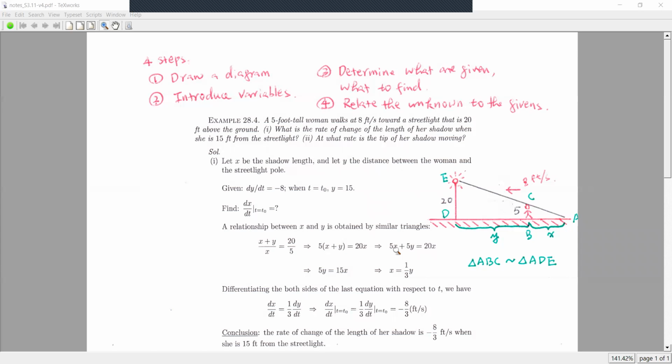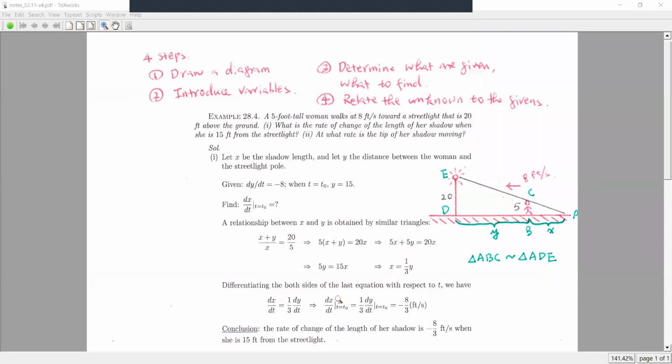Cancel 5x from both sides. I have this equation. Move 15 to the left side. Now, take the derivative on both sides of this equation. Then I have this equation.